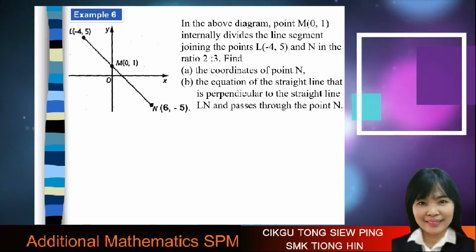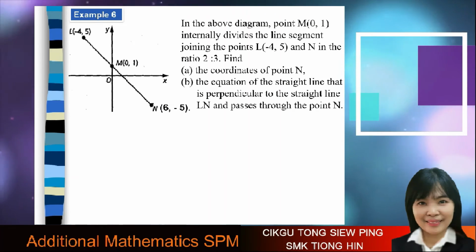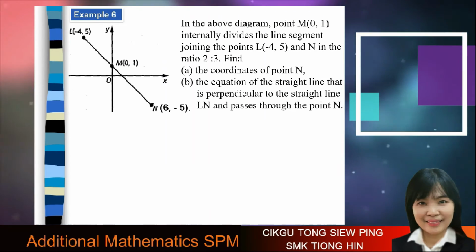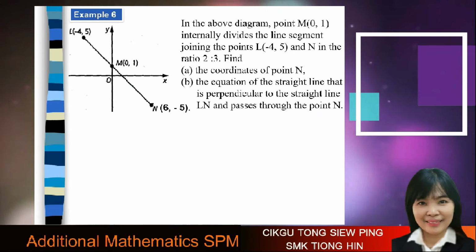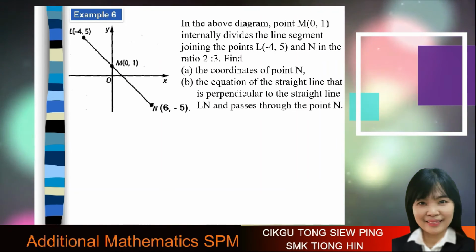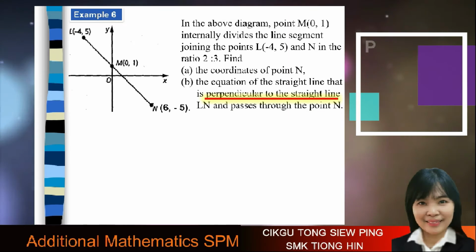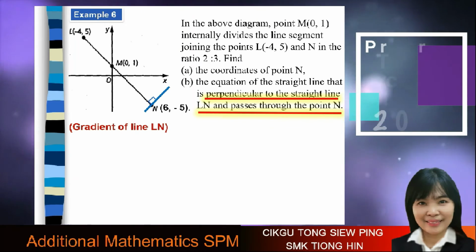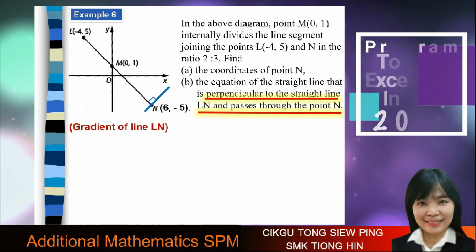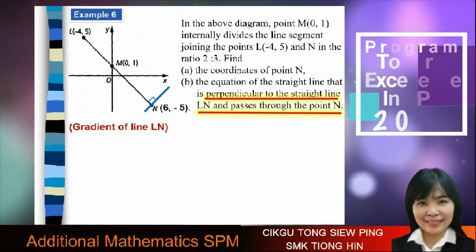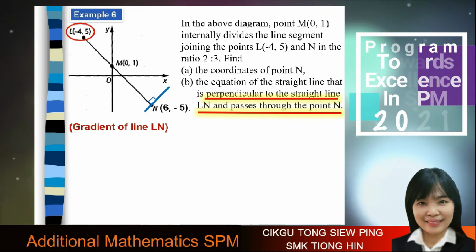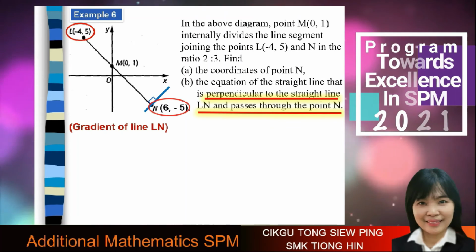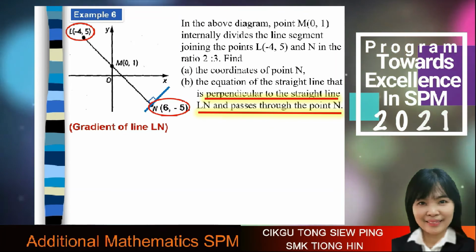Part B. Find the equation of the straight line that is perpendicular to the straight line LN and passes through the point N. It refers to this blue line. So, first we have to find the gradient of LN. Given the L coordinate is (-4, 5), the N is (6, -5), so we use the gradient formula.